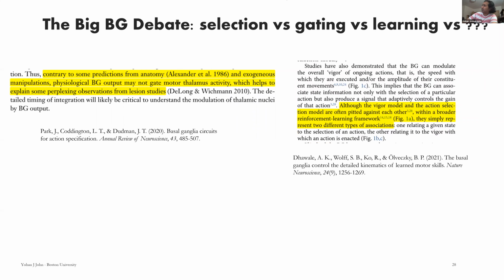But then I just found this. I didn't even finish reading it, but this paper is kind of splitting the difference and saying that the vigor model and the action selection model. The vigor model is the idea that the basal ganglia outputs aren't mediating a selection, but are merely regulating in an analog kind of way the vigor with which the already chosen action gets executed, which fits reasonably well with something that Paul Cisek has also been doing.